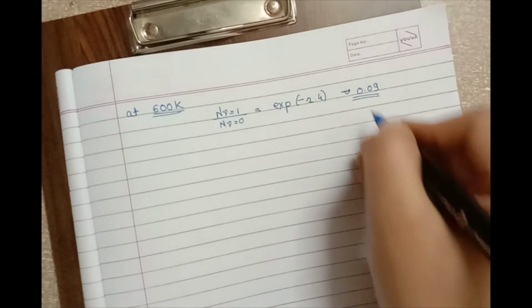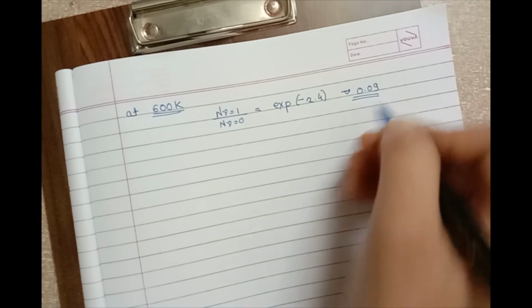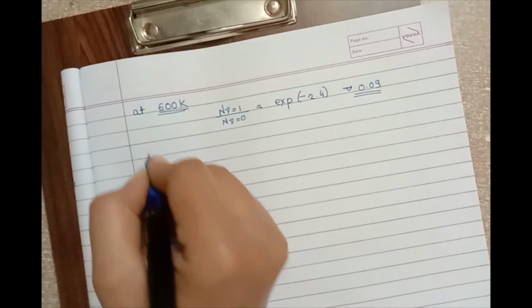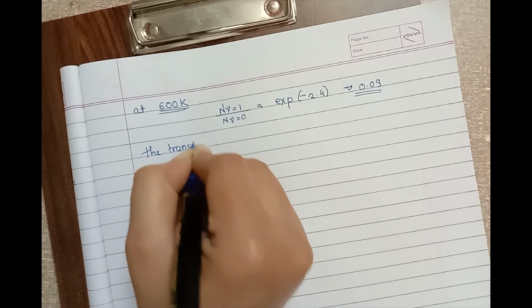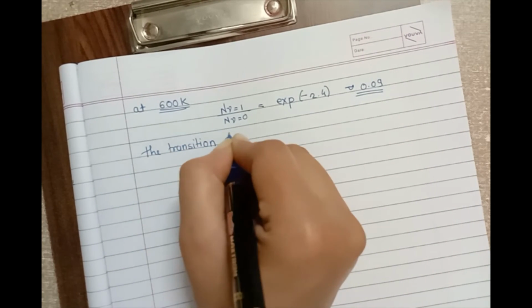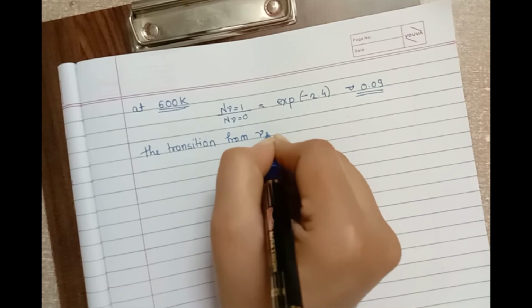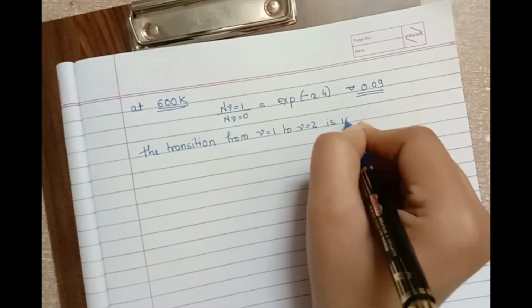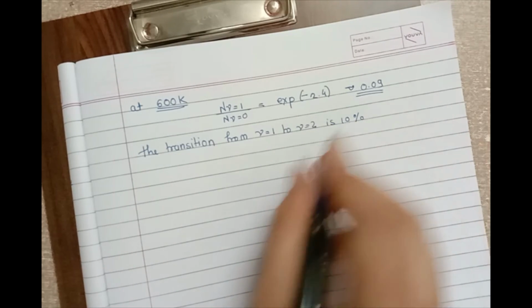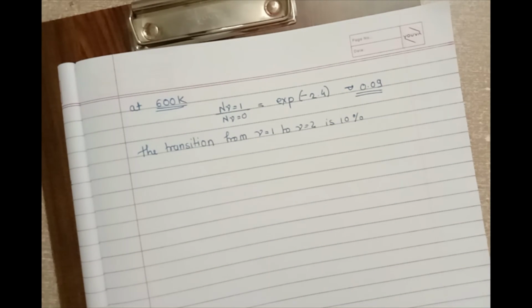So at 0.09, the transition from nu is equal to 1 to nu is equal to 2 is 10% of the intensity of that of nu is equal to 0 to nu is equal to 1.